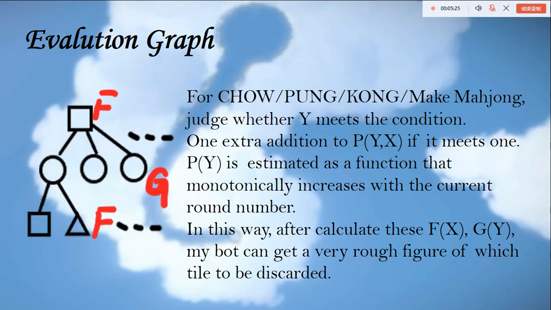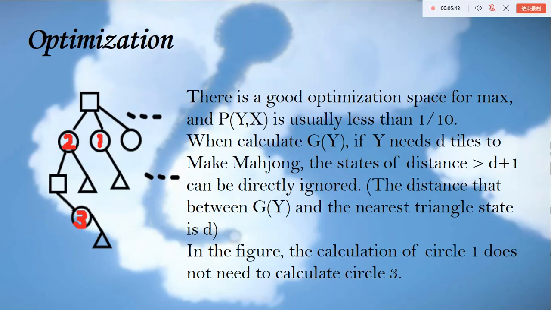In this way, if you can calculate this f of x, g of y, you can get a very rough figure of which tile to discard, but the number of states is too large to calculate all of them. Fortunately for f of x, there is a good optimization space for max, and p of y and x is usually less than 1 in 10, resulting in a significant difference as the transfer between f of x and g of y.